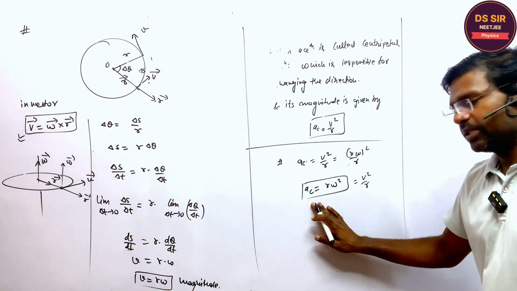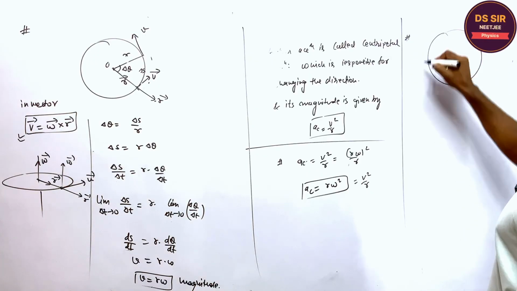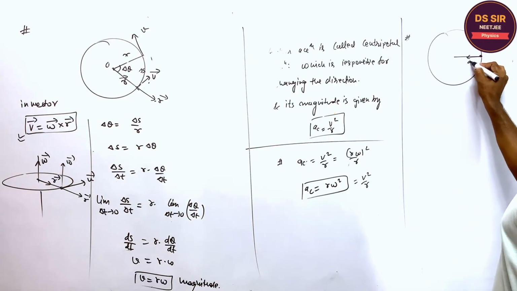If there is a centripetal acceleration in circular motion, when a particle is moving with speed v, there will be centripetal acceleration.